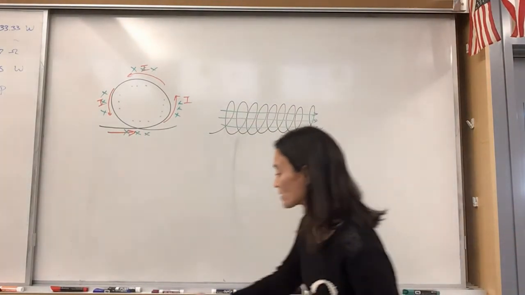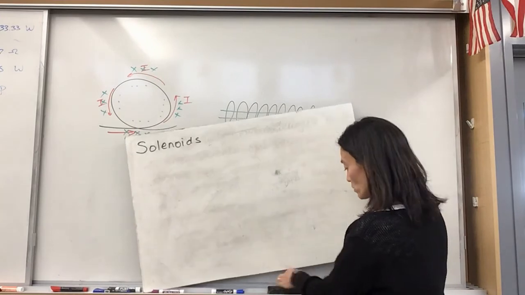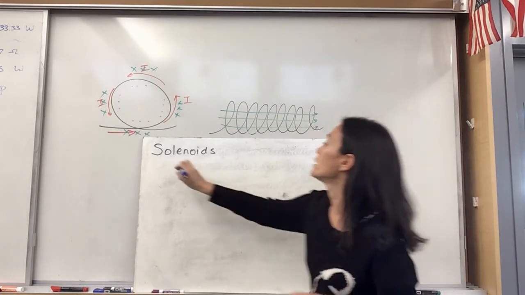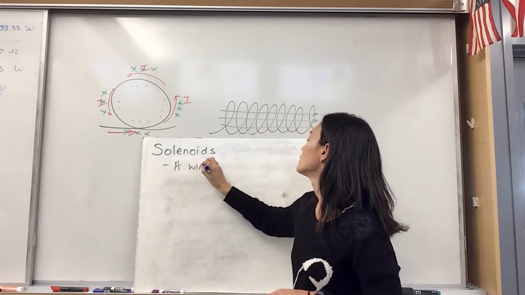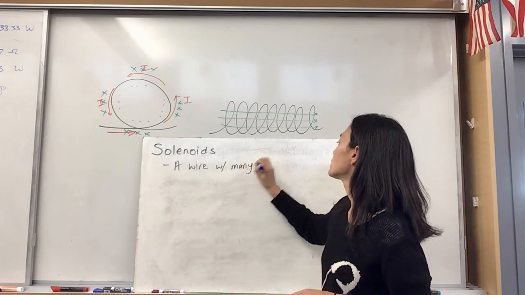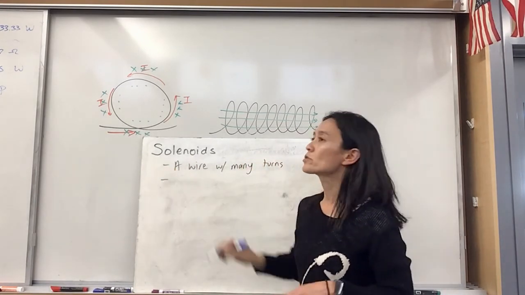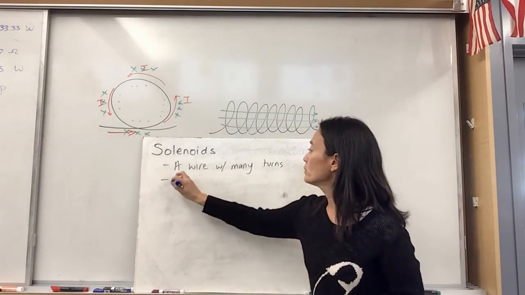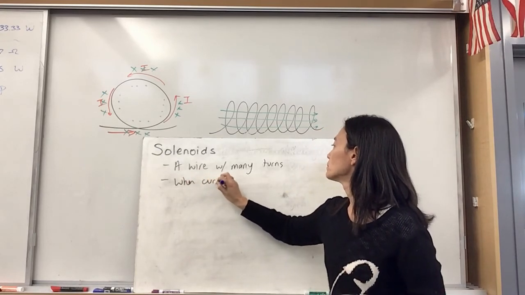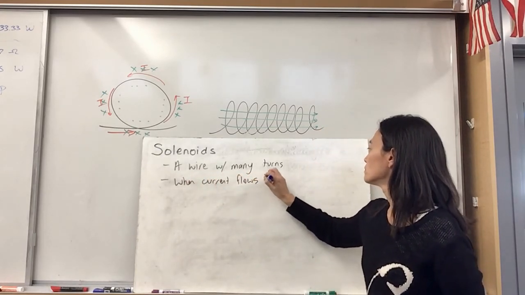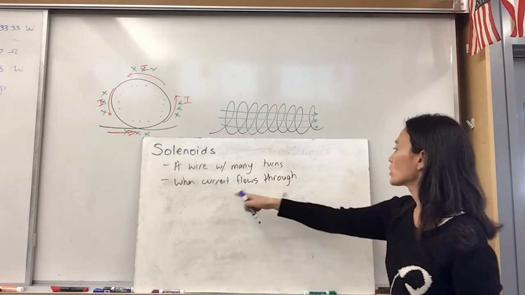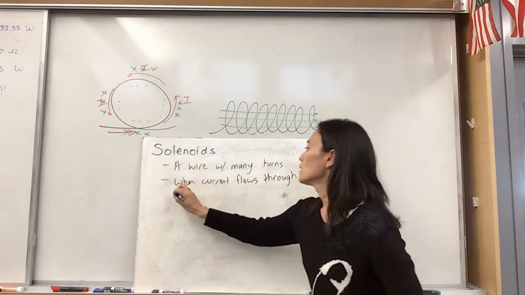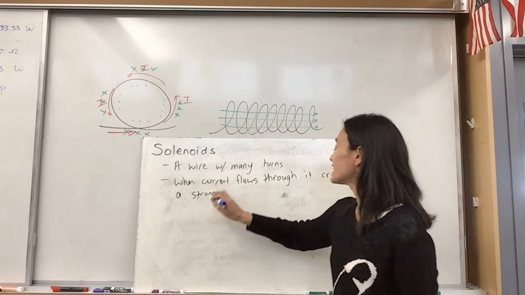So let's talk about that scenario of a solenoid. That's how you spell it. A solenoid is when you have a wire with many turns. Current flows through, creating a really strong magnetic field inside the solenoid.